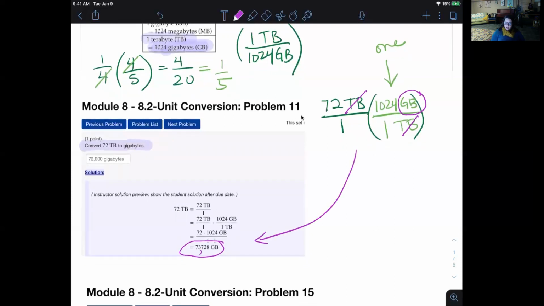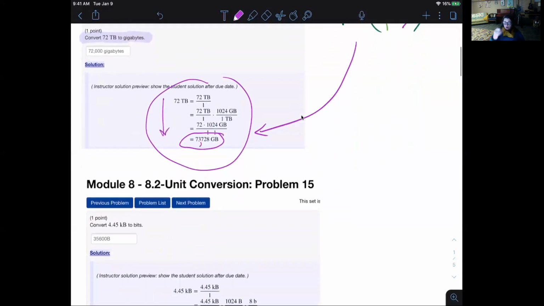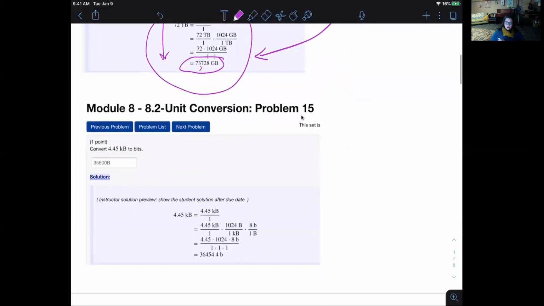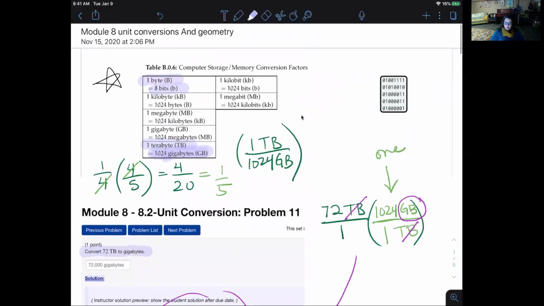I like how the formatting here shows all of the work going vertically with the equal signs lined up. For the next one, it wants us to convert from KB to bits. If I look up KB, here it is.